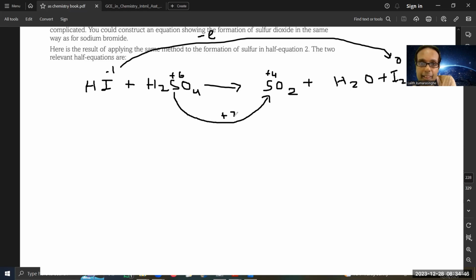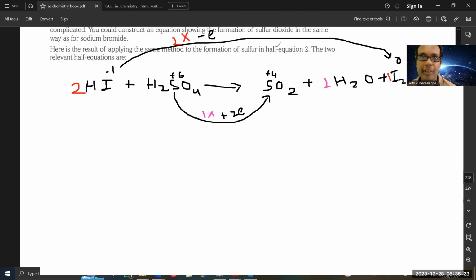That means the iodide should be multiplied by 2, and the other one should be multiplied by 1. Now we see whether the hydrogen is balanced. Hydrogen is not balanced, so I put the 2 there. Double check: earlier we balanced the electrons, and now the hydrogen is balanced. It's done.